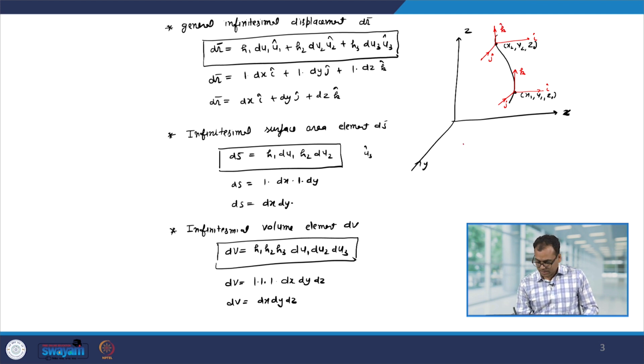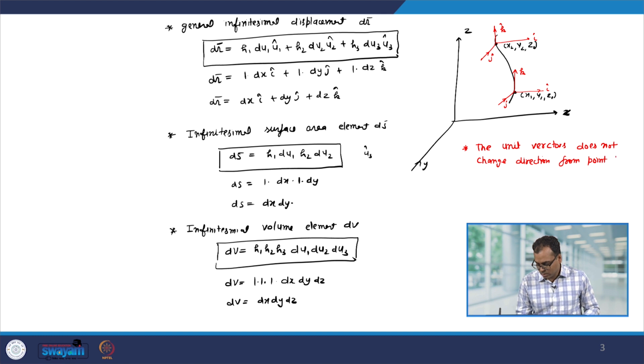This tells us that the unit vectors do not change direction from point to point. So, when the particle moves from one point to other points, the unit vectors do not change direction in Cartesian coordinate.